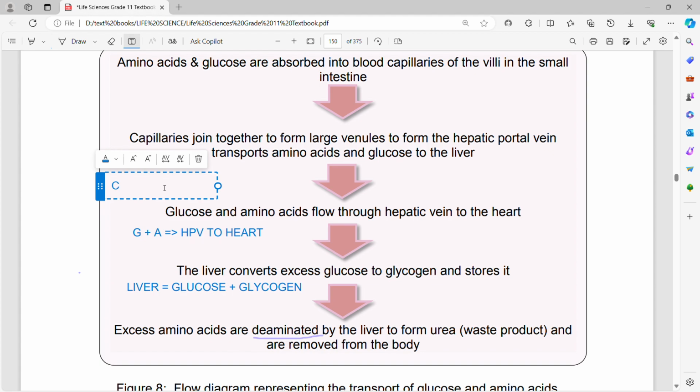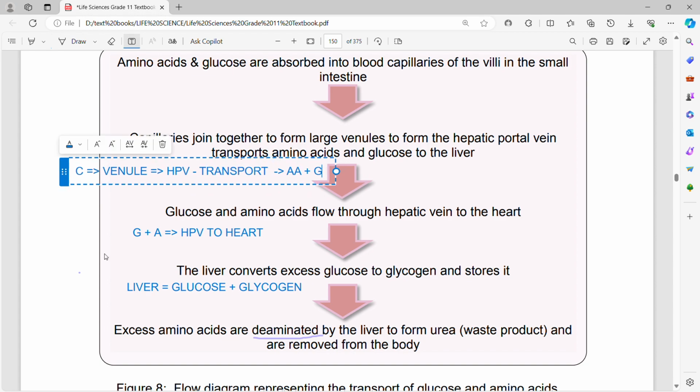Capillaries will form your venules, which will form your HPV, hepatic portal vein, which will transport your amino acids plus glucose into the liver, right?